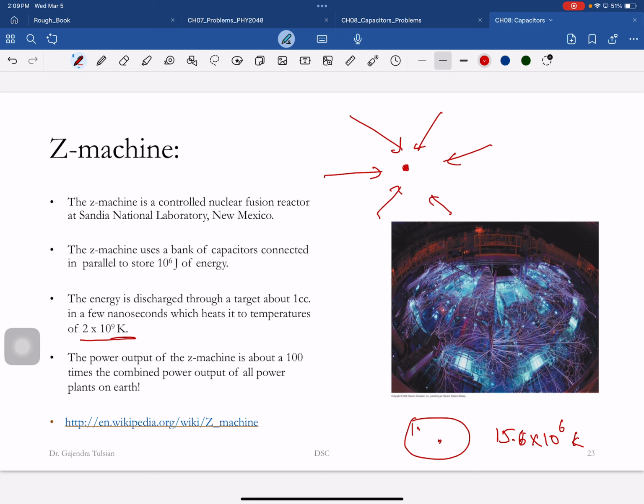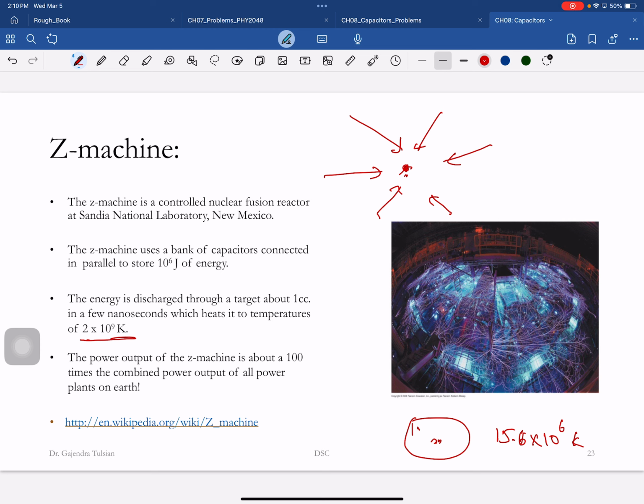You heat your little pellet to 1,000,000,000 degrees Kelvin, almost 500 times hotter than that, and some of those nuclei will fuse. Why do you have to make it hotter than the sun? Because this has lower density, and at the center of the sun there is a lot of density, so there are enough molecules to hit together and fuse.